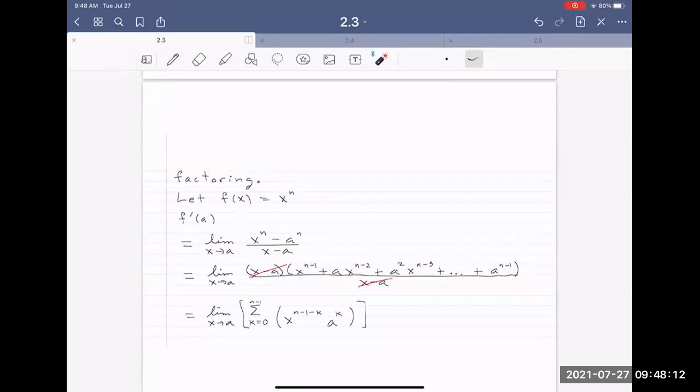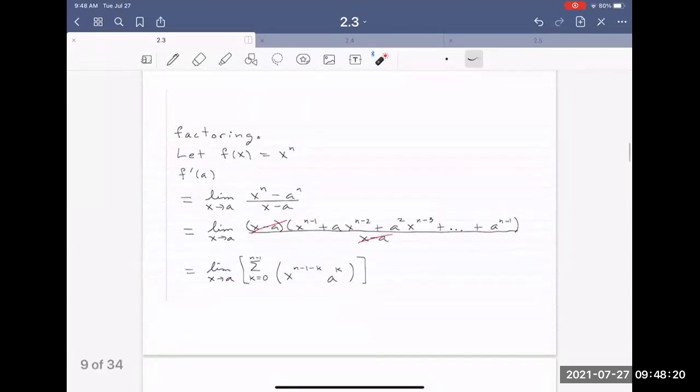So even though I didn't write it as a summation here, let me write it as a summation, just so that you can see what it is actually equal to. So this is the limit as x approaches a of the sum, k equaling 0 to n minus 1, of x to the power n minus 1 minus k times a to the k.